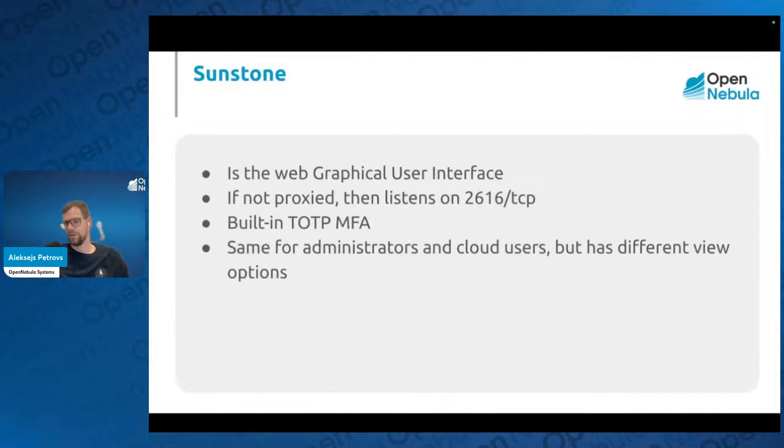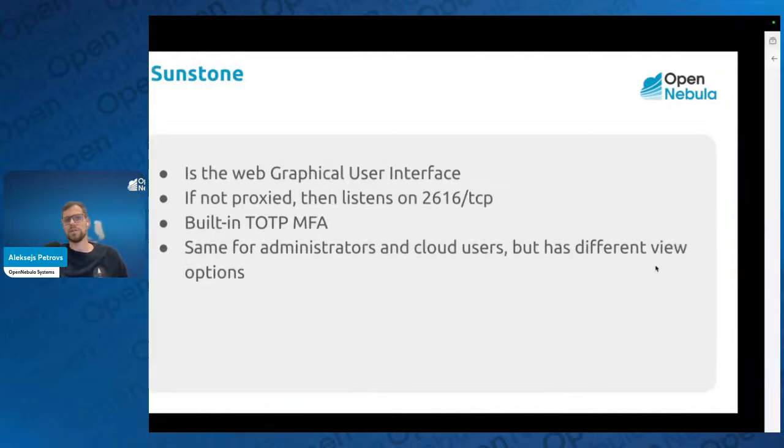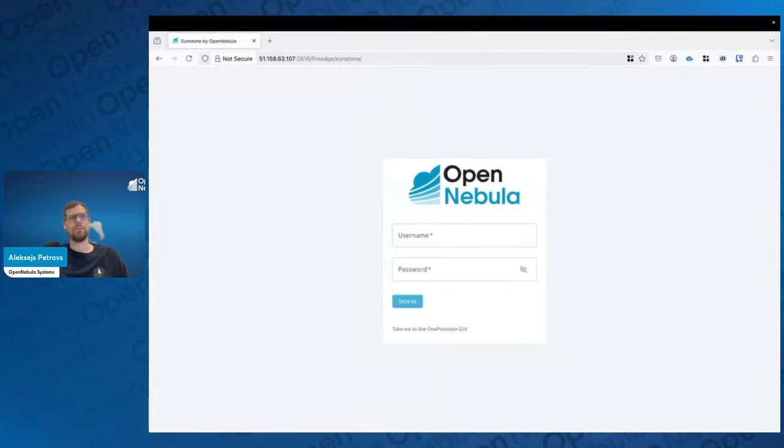The only minor difference is that the view or available menus will differ, but you don't have to host multiple front ends or multiple graphical user interfaces. It's still the same graphical user interface, just the icons and availability are going to differ a bit, right? So then it looks the following way, right?